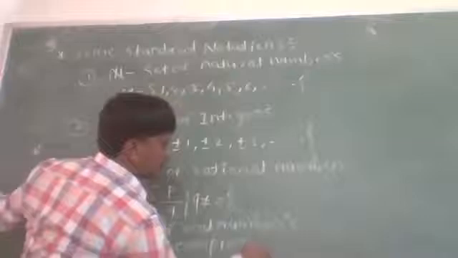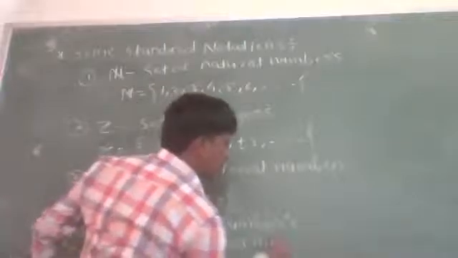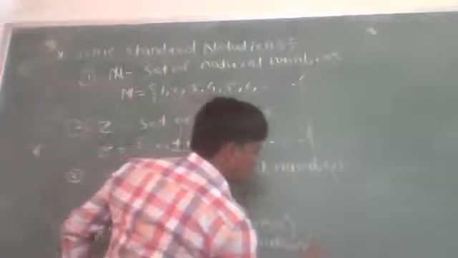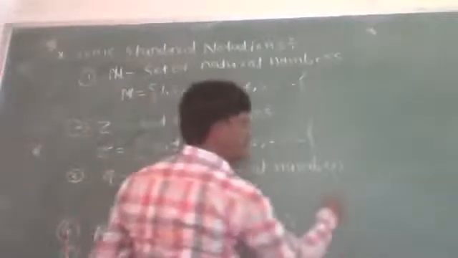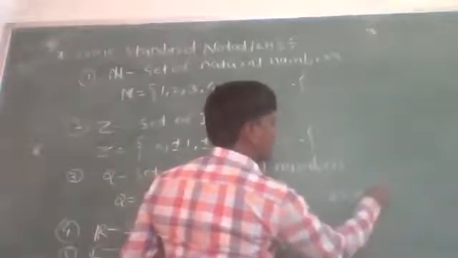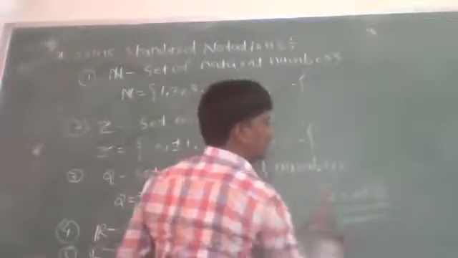And last one is the set of complex numbers. A complex number is of the type x equal to a plus ib. These are the complex numbers.